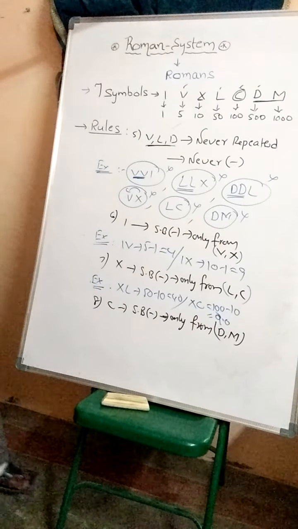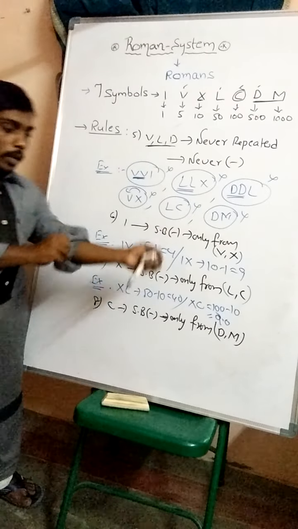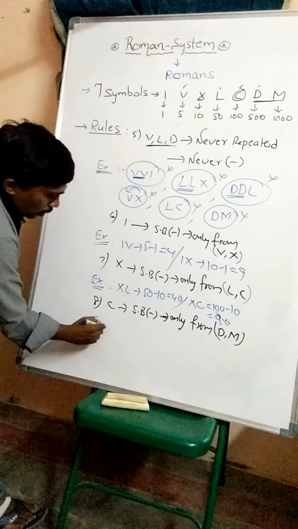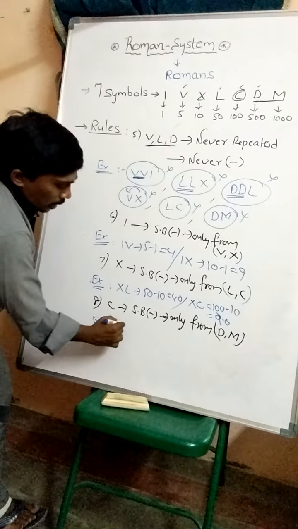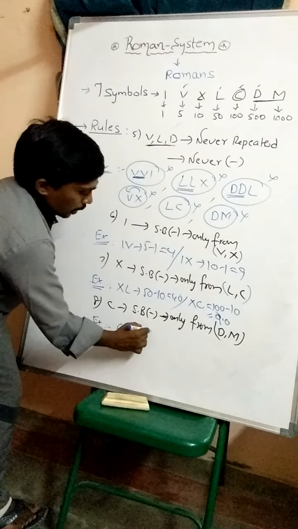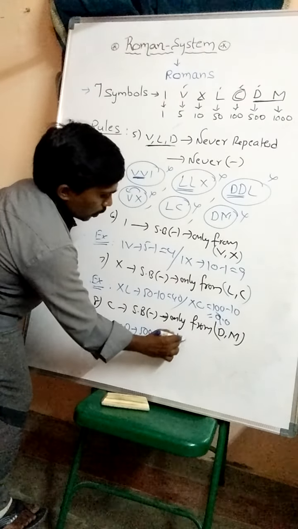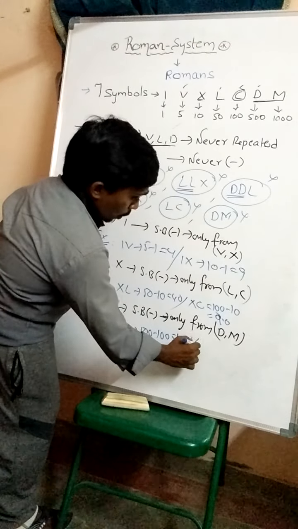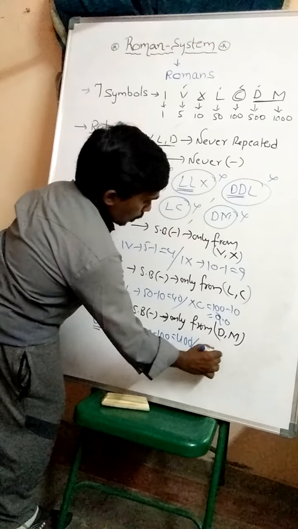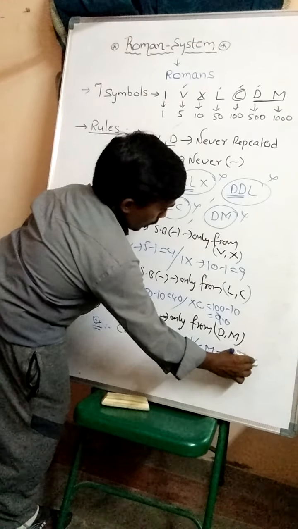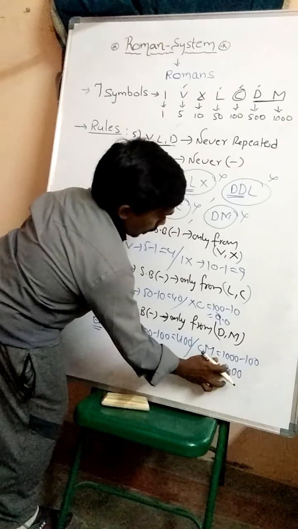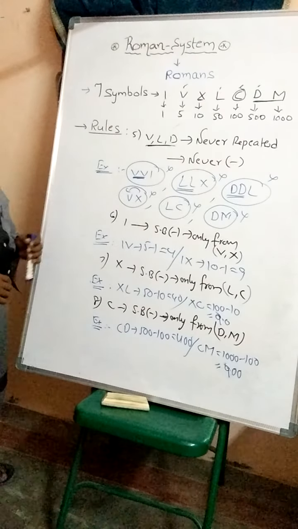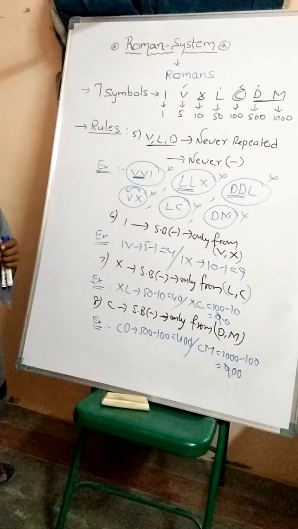Let us see some examples. C subtracted from D: 500 minus 100 equals 400. Another example, CM: 1000 minus 100 equals 900. These are all the rules we remember when we write the Roman system.